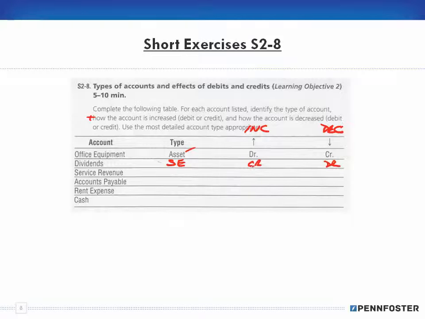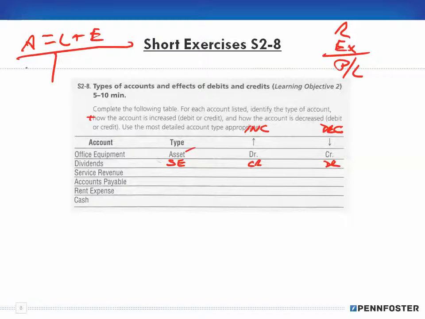Now, the thought just occurred to me, by going through these exercises, it's almost like getting you to memorize these things, okay? Because you saw me in previous videos write out assets equal liabilities plus equity, and I had revenues less expenses give me a profit or loss, and I had debits, credits.